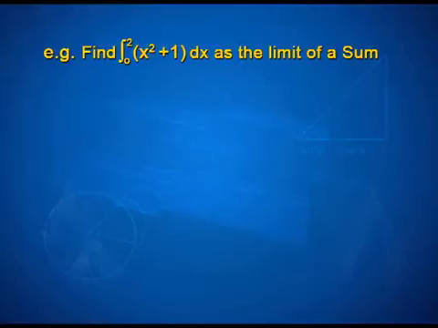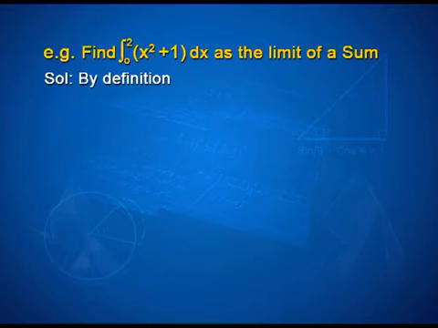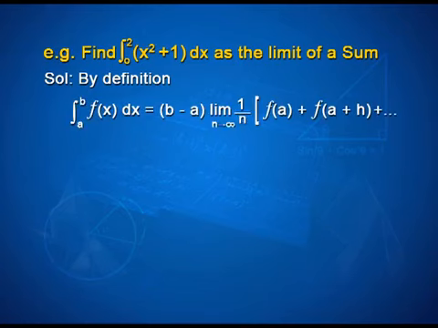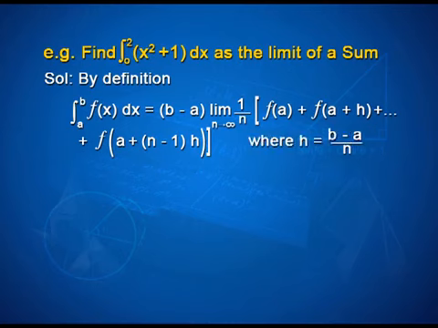Now, let us solve an example. Find the integral from 0 to 2 of (x square plus 1) dx as the limit of a sum. For the solution, by definition, the integral from a to b of f of x dx is equal to (b minus a) into limit n tends to infinity of 1 upon n into [f of a plus f of a plus h plus ... plus f of a plus (n minus 1) h], where h is equal to (b minus a) upon n.